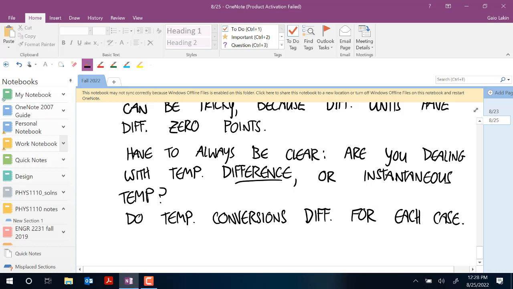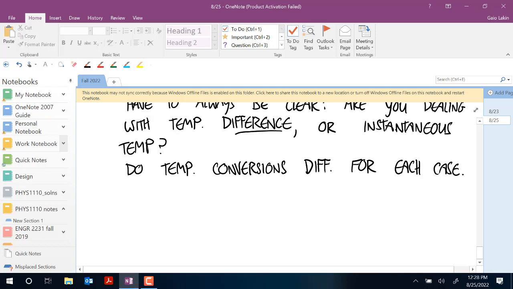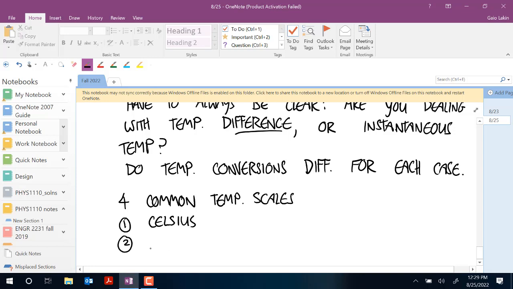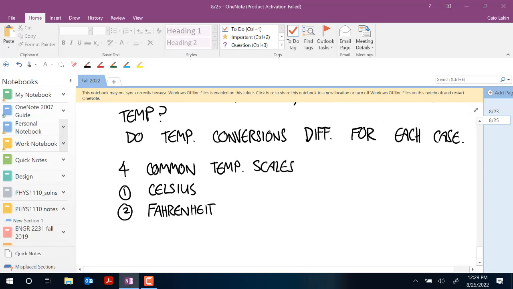There are 4 temperature scales that you'll probably ever use, I suppose. So the 4 common temperature scales are Celsius, Fahrenheit, and then the 2 temperature scales that are basically these, but have been adjusted so that the zeros are absolute zero.